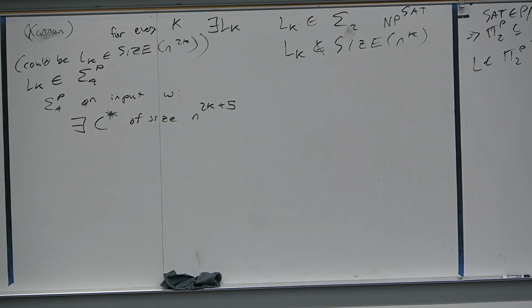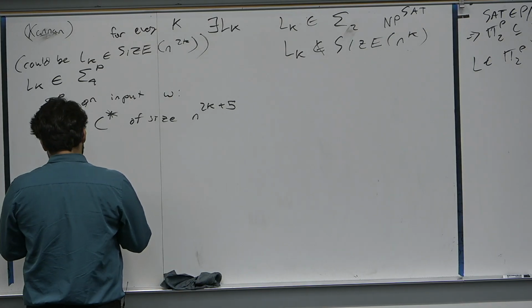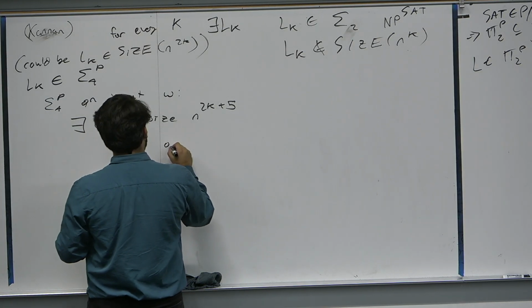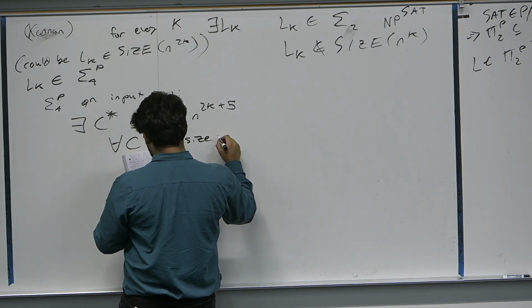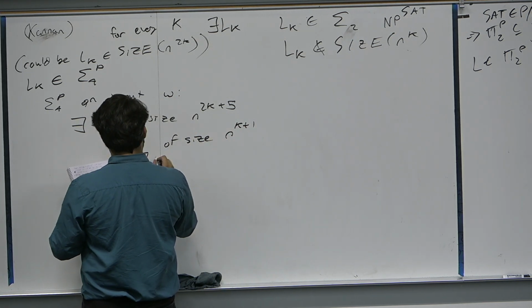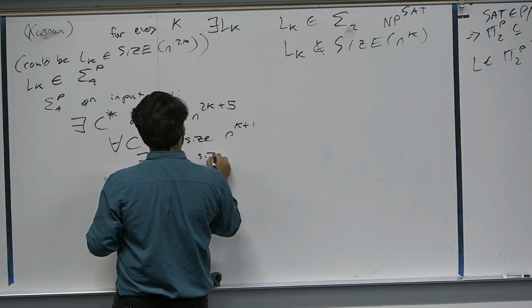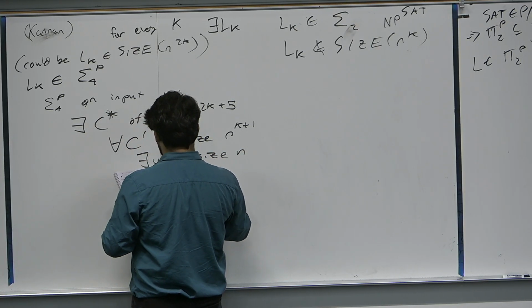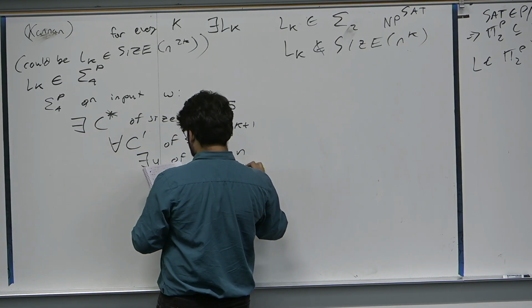Don't worry about those numbers specifically, right? Then it's going to make a universal jump: for all C prime of size n to the k plus 1, there should exist some y of size n such that C star of y does not equal C prime of y.